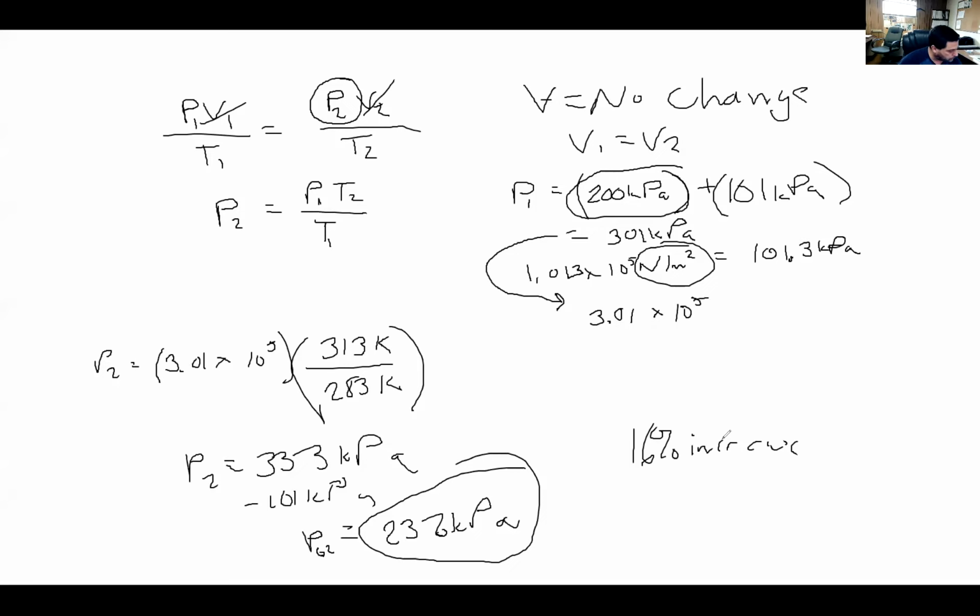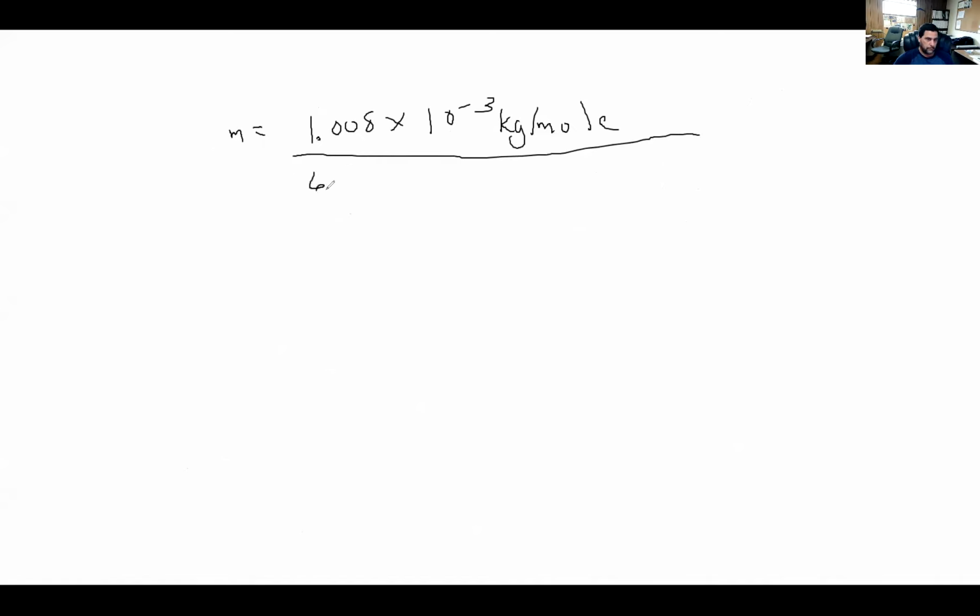Well, the first one is pretty easy. If we want to know the mass, we know that hydrogen from a periodic table is 1.008, or 1 times 10 to the minus third kilograms per mole, right? And we know Avogadro's number is 6.02 times 10 to the 23rd.